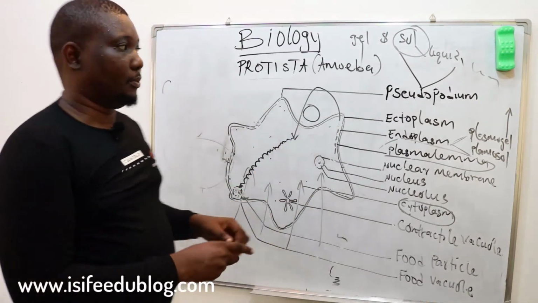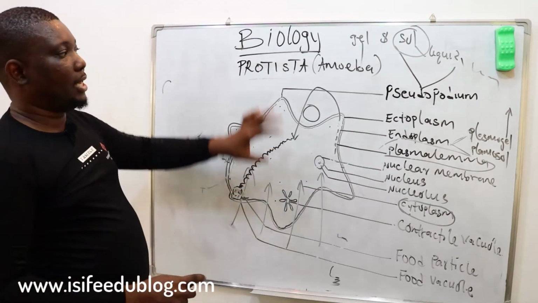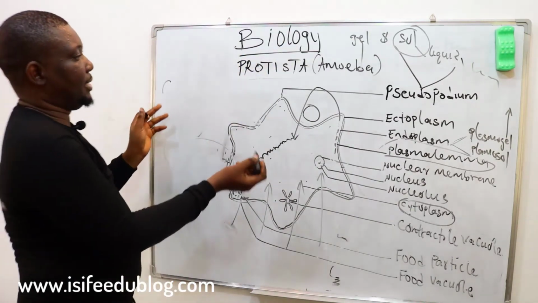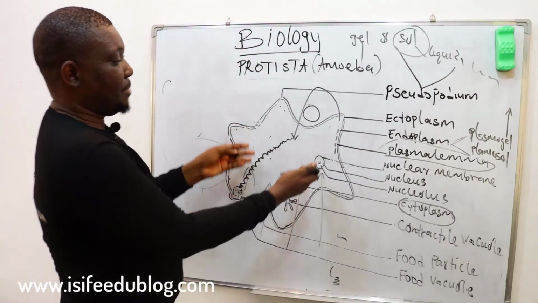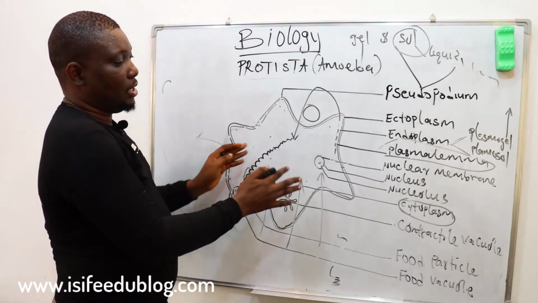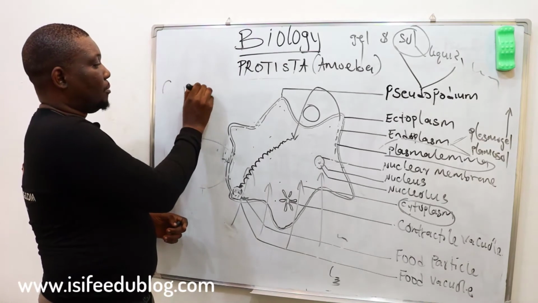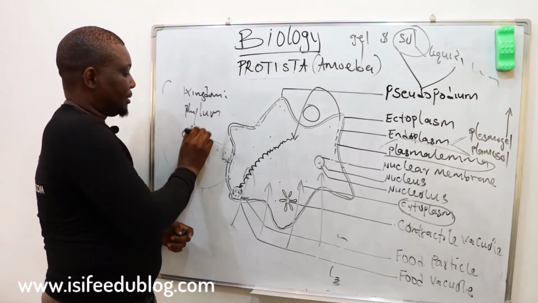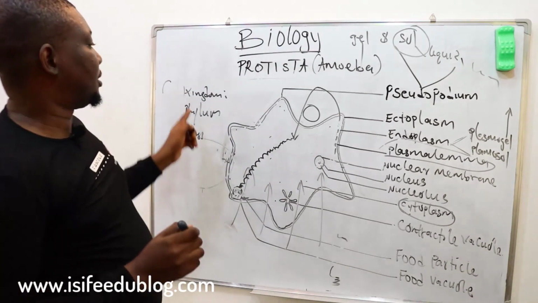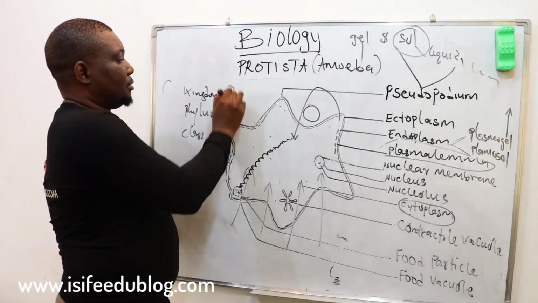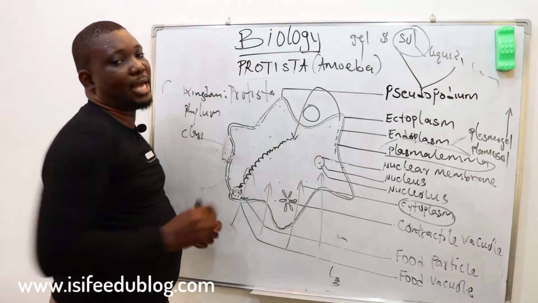Now, in conclusion, since amoeba belongs to the kingdom Protista, I think I will summarize this. If someone asks, maybe this organism is to be classified into kingdom, phylum, and then class. Now, the question is, to which kingdom can we classify this organism? The kingdom is Protista.